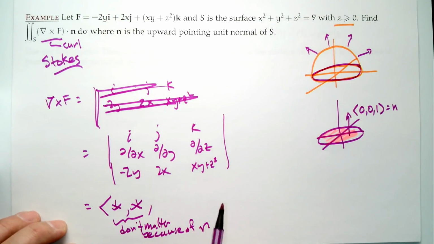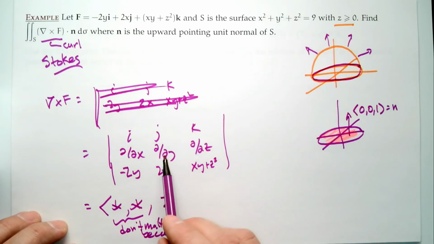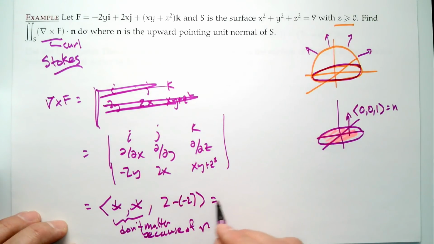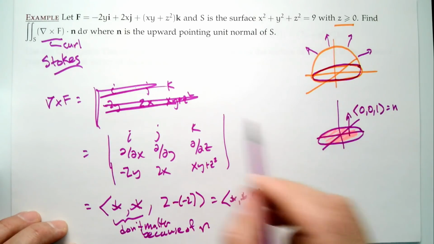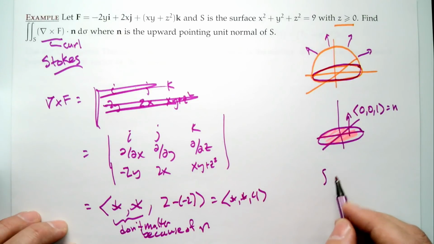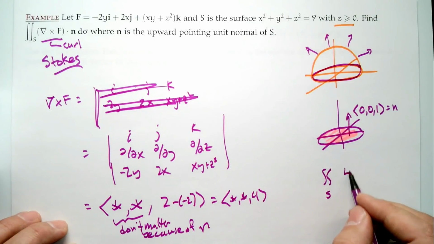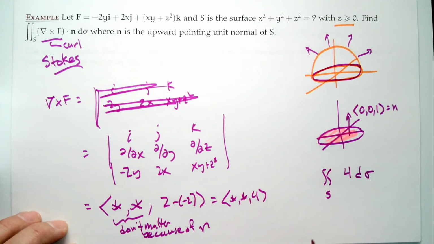All right. And then for the last thing you get k, partial x of 2x, which is 2. Then partial y of minus 2, which is minus 2. But I have to subtract that. So you end up with something, something, 4. And now you take the dot and you're saying, aha, this becomes the integral over your surface of 4 d sigma, which really means it's 4 times the area.